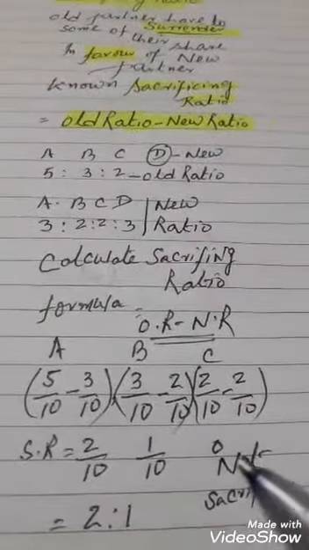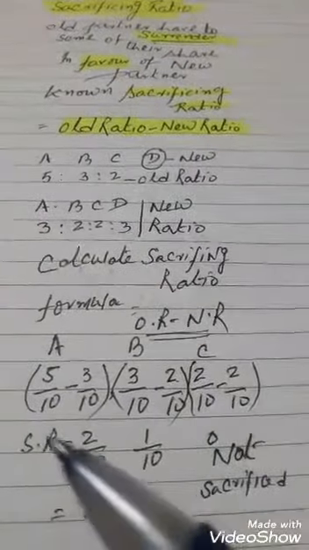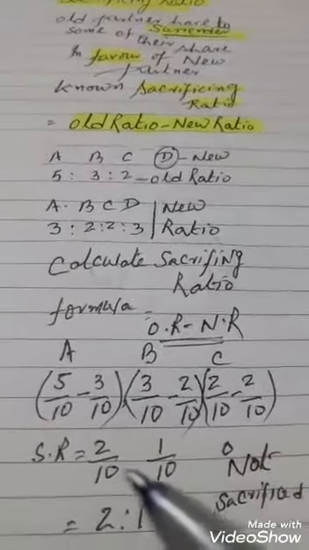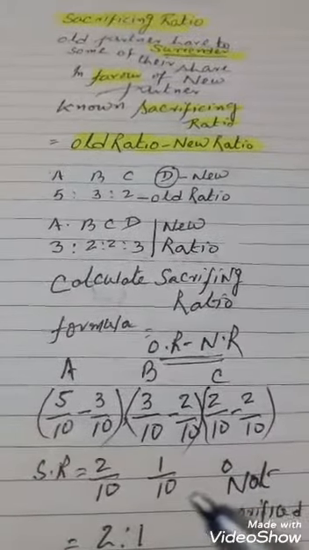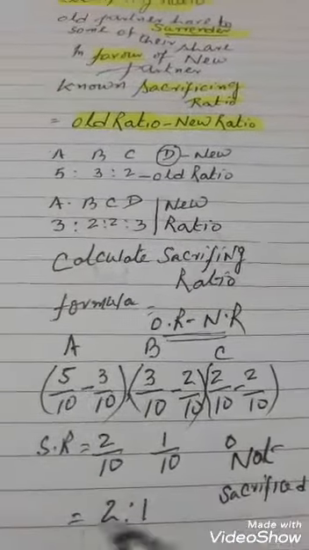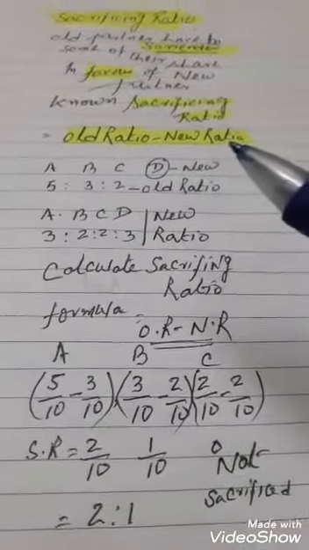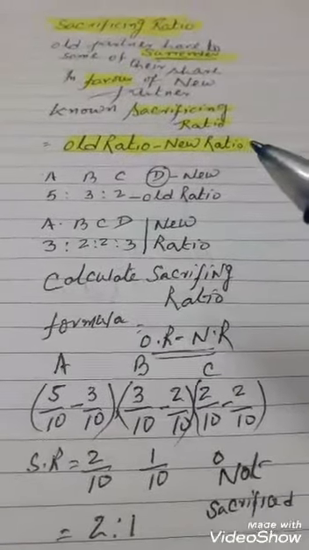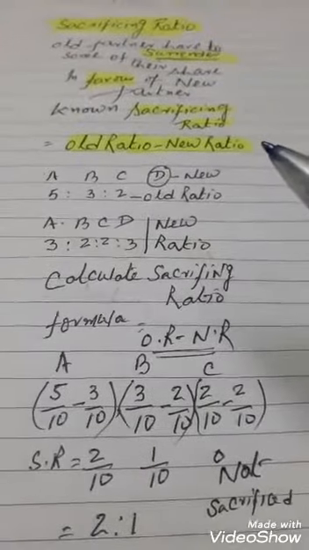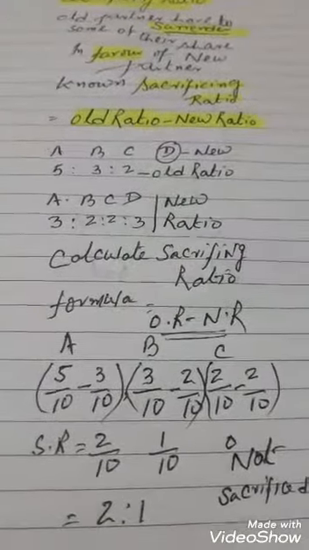So the sacrificing ratio is 2/10, 1/10, equal to 2:1. But you must remember the formula: old ratio minus new ratio equals sacrificing ratio.